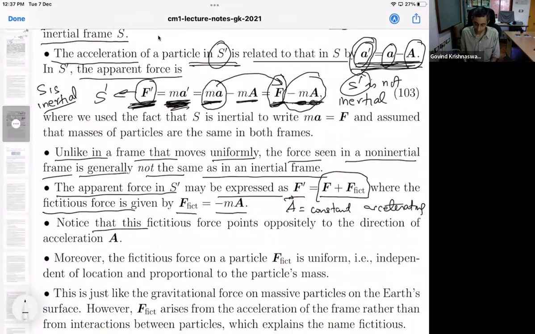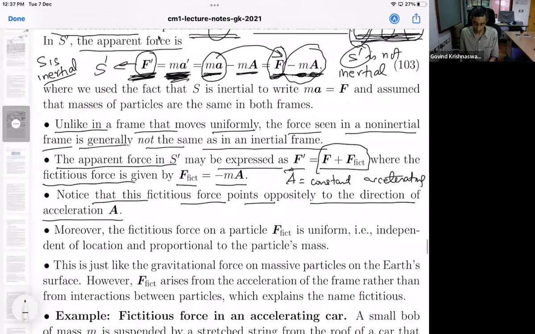So notice that this fictitious force points oppositely to the direction of acceleration of the frame. Now let us make further remarks about this fictitious force. Notice also that this fictitious force on the particle is uniform. It is independent of the location of the particle within this frame S prime. This frame is accelerating.